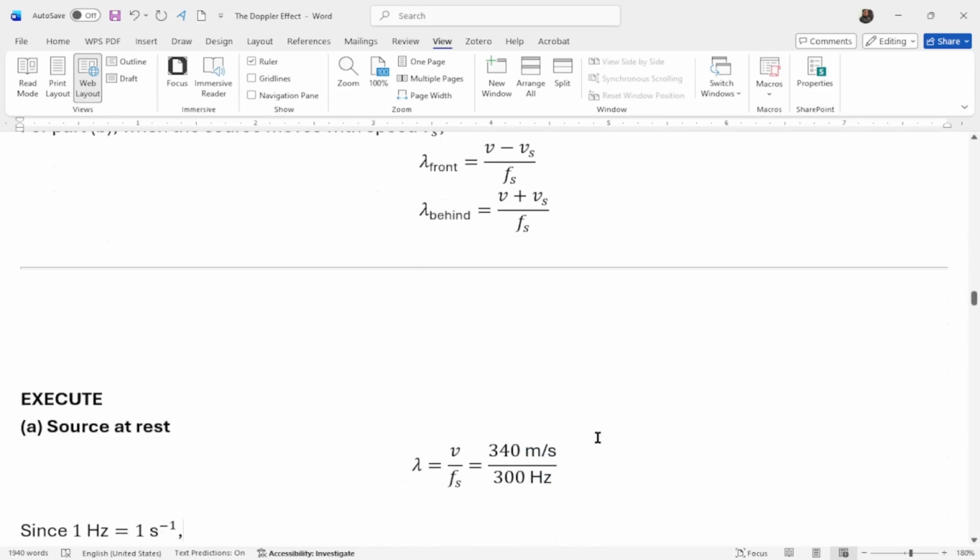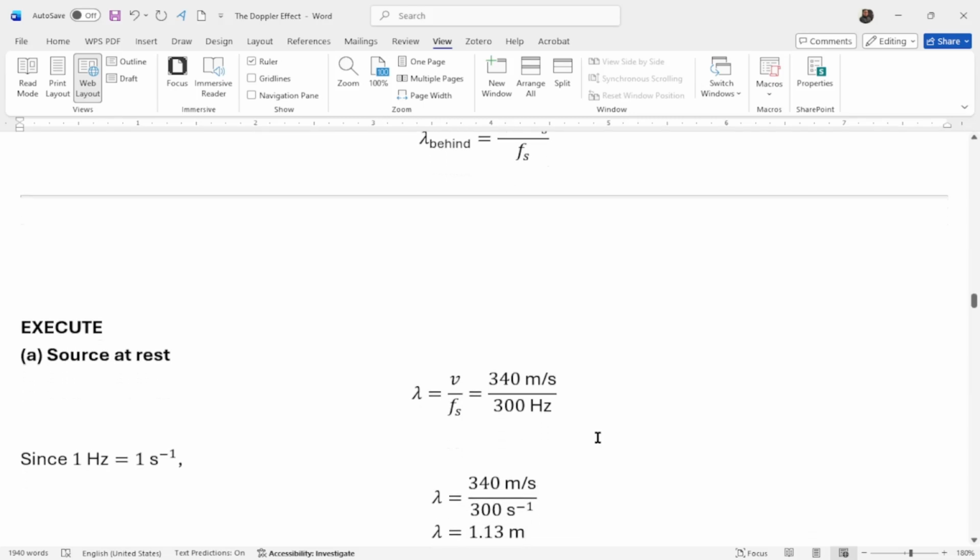Now, let us execute the computation. What is given in the problem is 340 meters per second, that's the velocity of the sound, and the frequency given by the problem is 300 hertz.